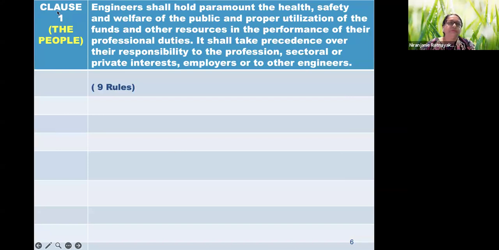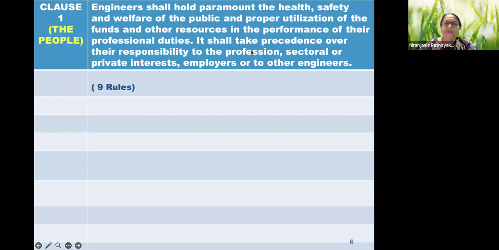Okay, so as I said, there are 8 clauses. The first clause is: Engineers shall hold paramount the health, safety, and welfare of the public and proper utilization of the funds and other resources in the performance of their professional duties.